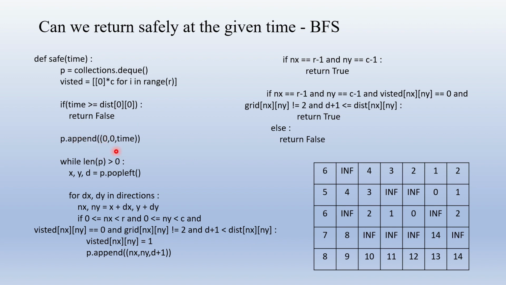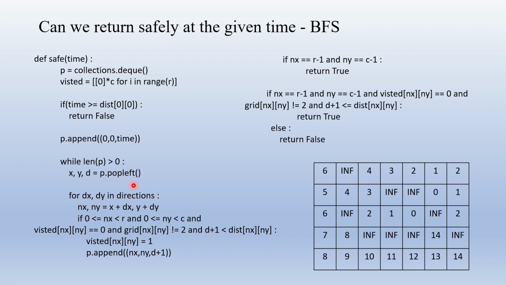We append the 0, 0 index and the given time to the deque. Now let's run a loop until the queue is not empty. We pop the position x, y and the distance d.